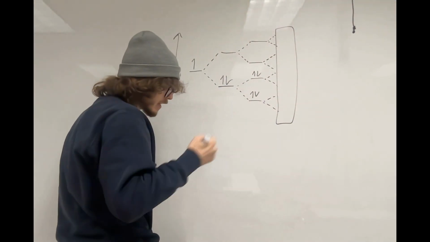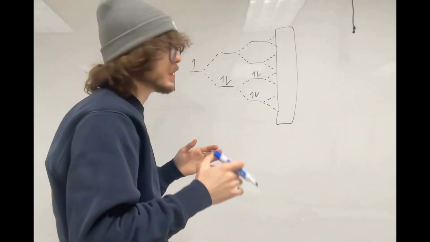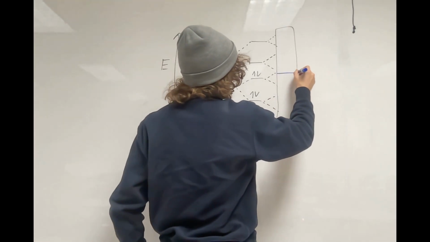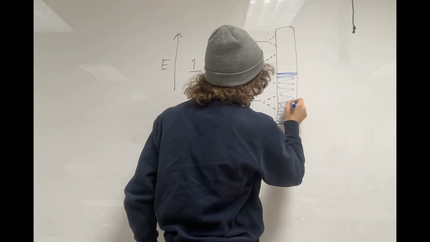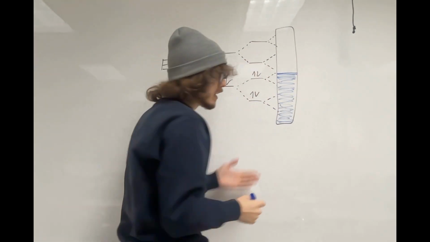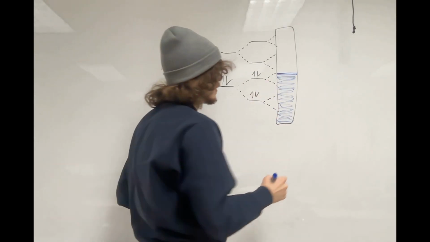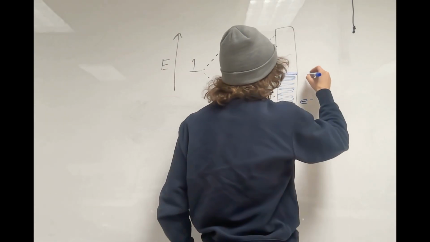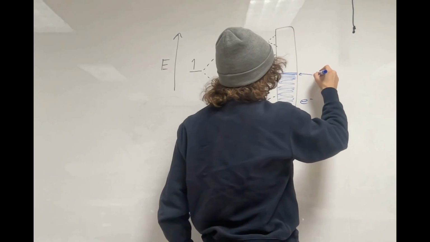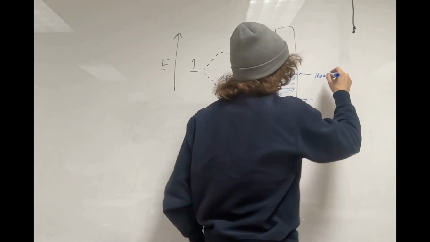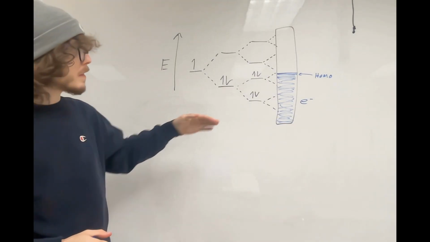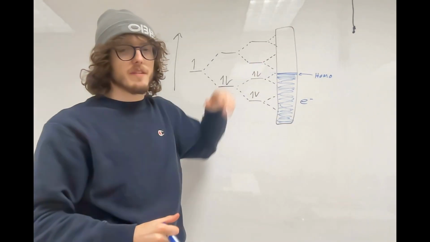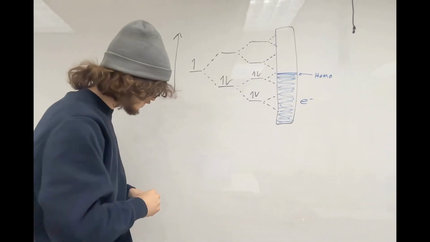And what you get in a conducting species is this lower band, and in this band you have electrons. And specifically at the top here, we have a HOMO. If you remember what HOMO means, it's the highest occupied molecular orbital. That's going to be where the HOMO resides, at the very top of the band.